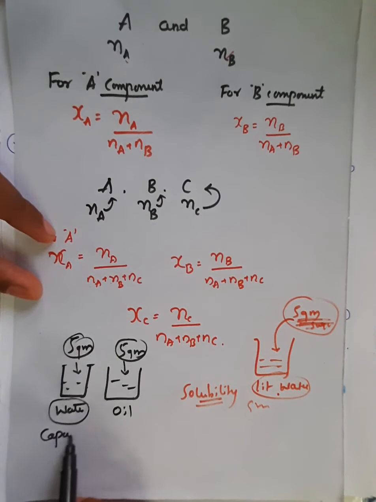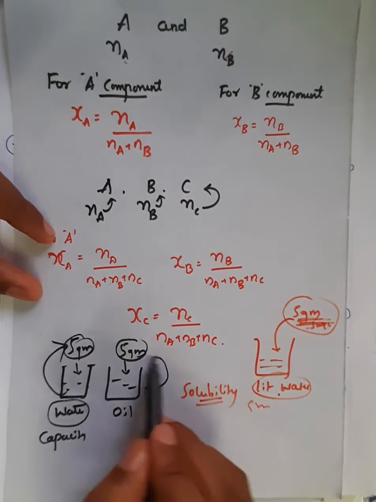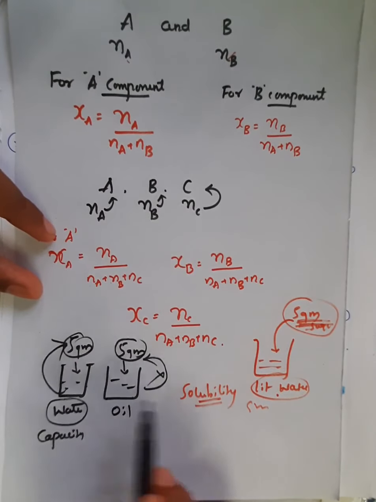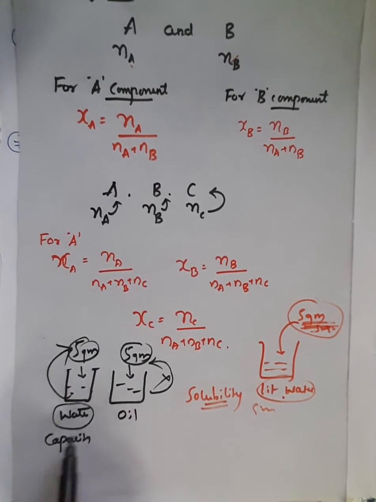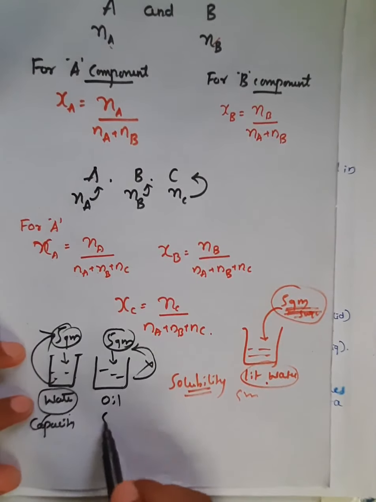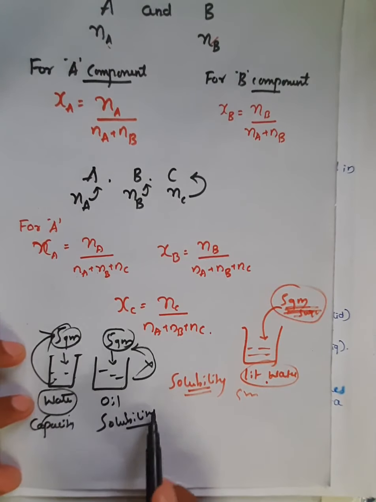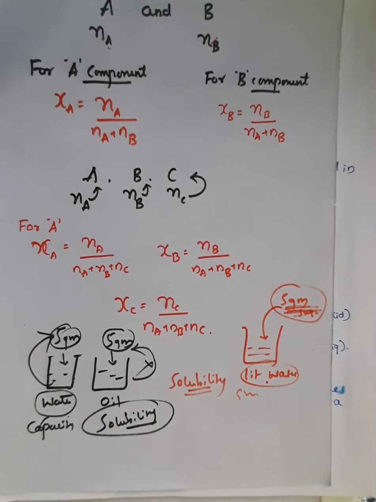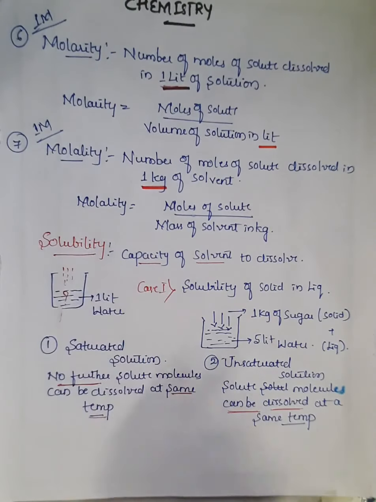Water has the greater capacity to dissolve the added solute molecules, but oil will not easily dissolve them. So the capacity of the solvent molecules to dissolve the added solute molecules is generally called solubility.